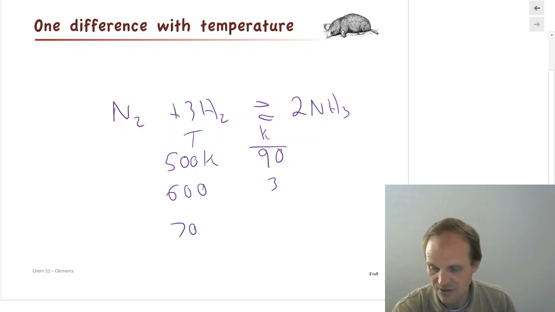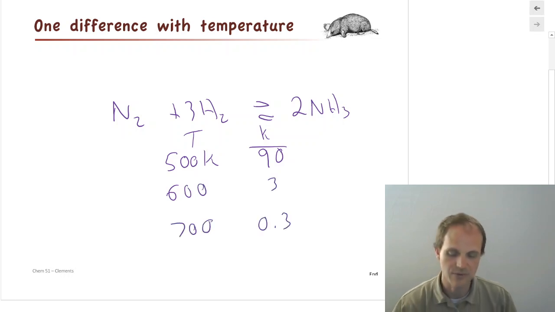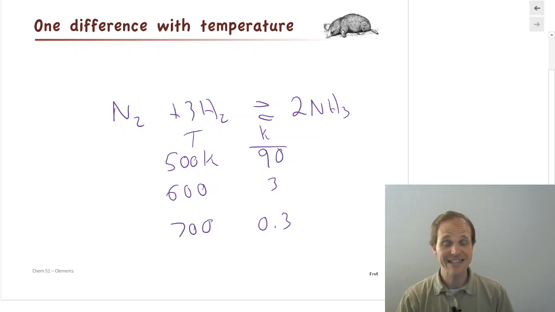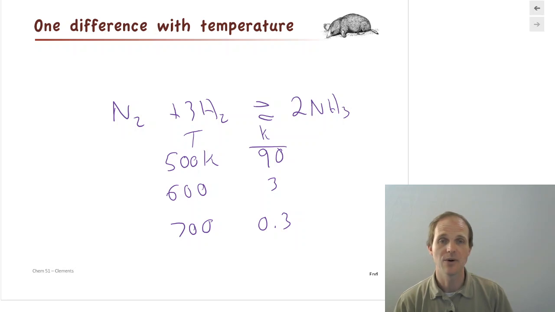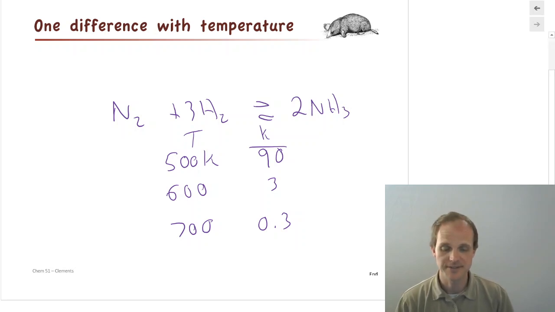At 700 Kelvin, it's 0.3. And so we see that actually the equilibrium constant changes with temperature. So when we say that equilibrium constant is always constant, we also need to add the caveat at a given temperature, because it actually has fairly dramatic changes with temperature depending on how exothermic or endothermic the reaction is.